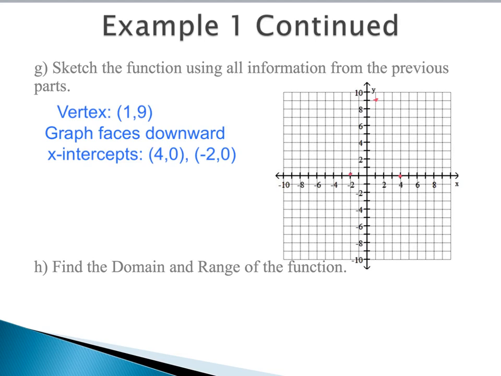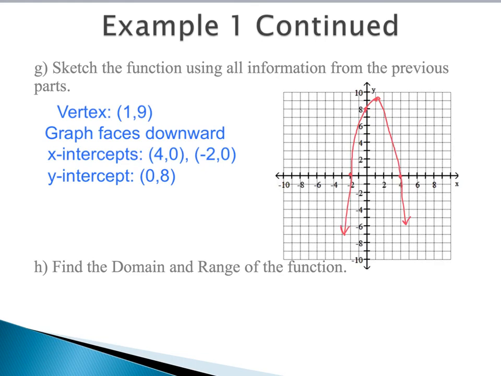Then we had that our y-intercept was at 0, 8. And we want to keep that general shape of the parabola. Remember, we said that the vertex was a maximum, so it should be facing downward. So the sketch of the graph would be something like that.